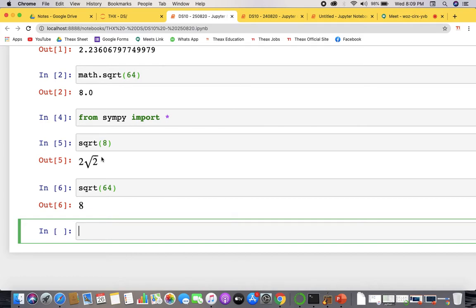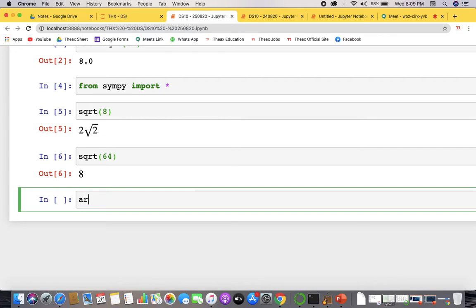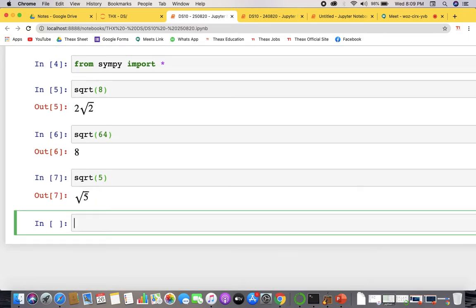But if it is not a complete square, like the square root of 5, you will get root 5. For a perfect square you get the exact answer, but for an incomplete square you get the result inside the root.